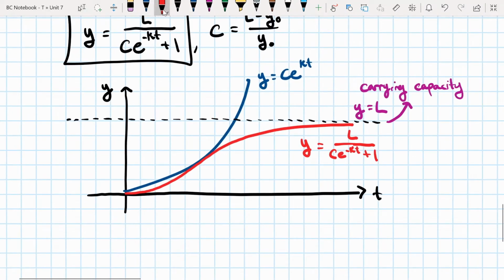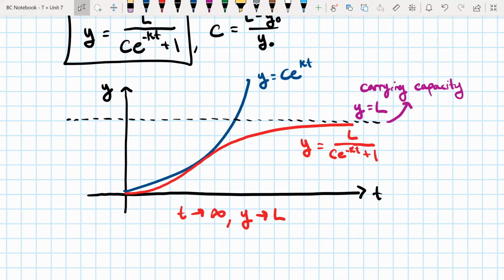So for a logistic differential equation, an important thing to recognize is as t approaches infinity, the value of the solution will approach the carrying capacity L. So it kind of levels off. The best analogy to think about how this works is a population of some animal with finite resources. That population can't grow forever. It will kind of level off once they use the proper amount of resources to sustain their population.